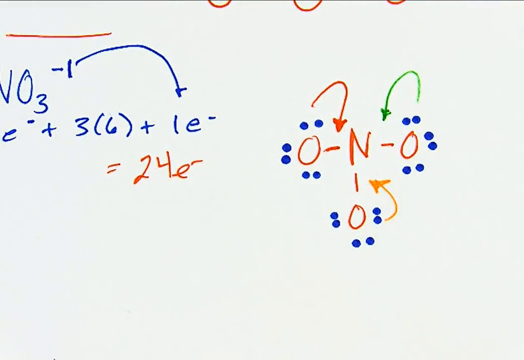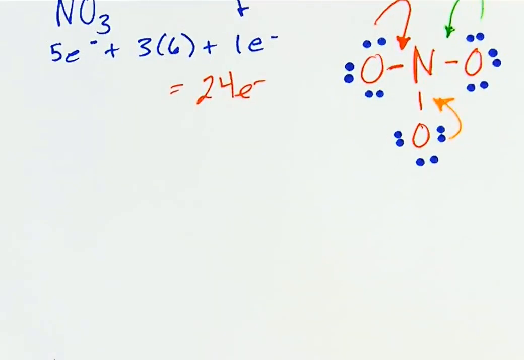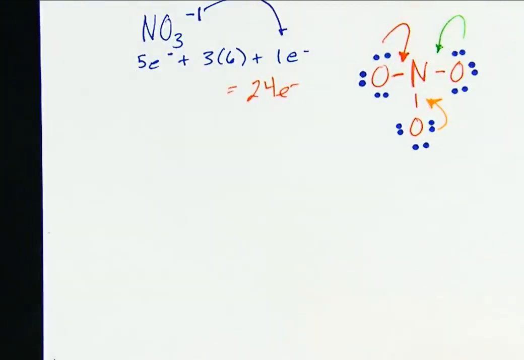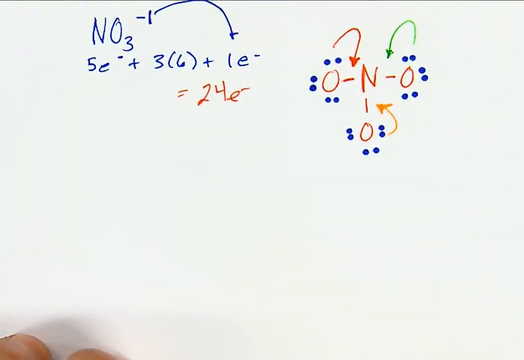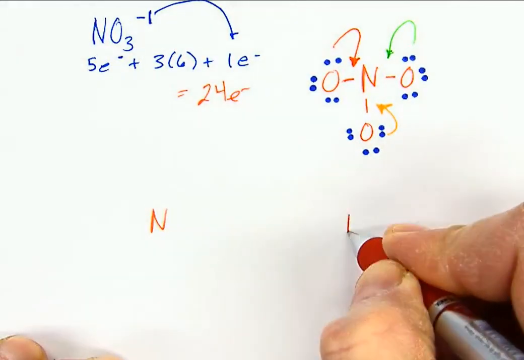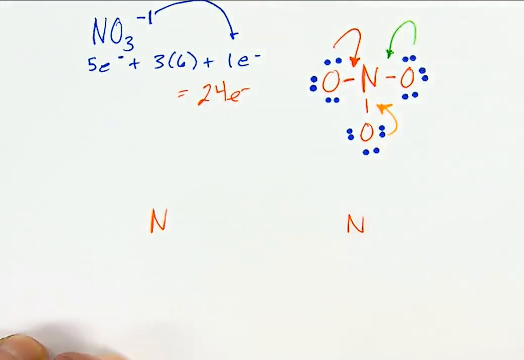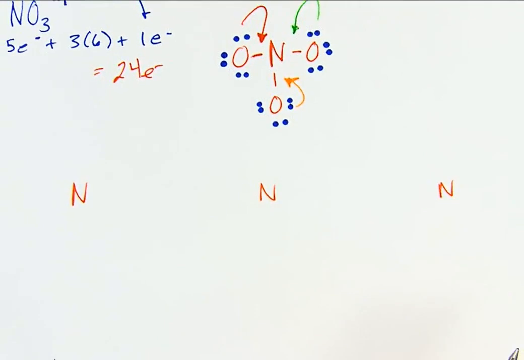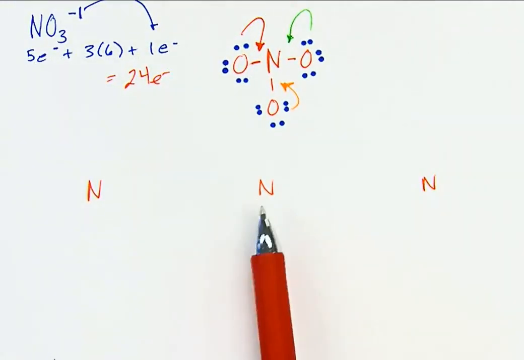Well, none of them is more correct than the other, and in reality, we have to draw all 3 versions of this, and that's why this is a tough one, okay? So now let's do that.